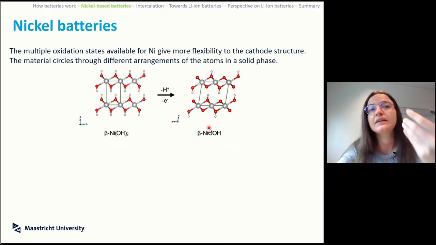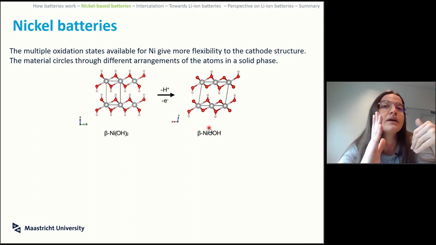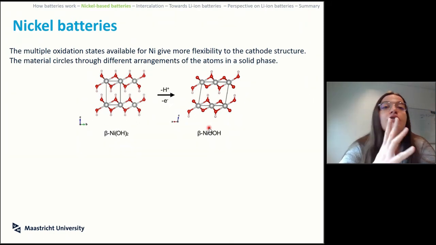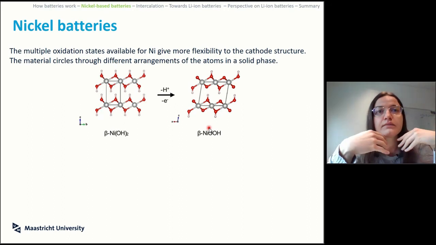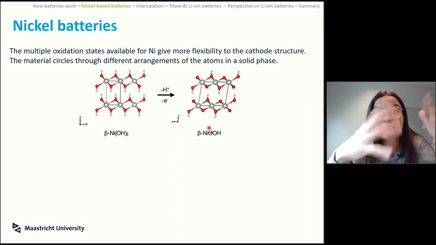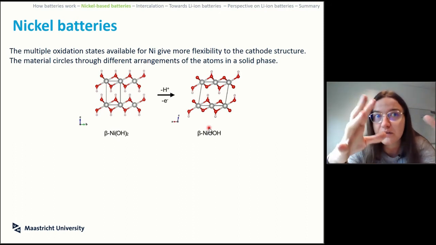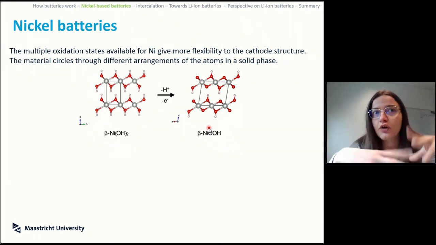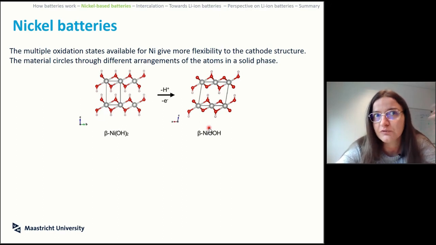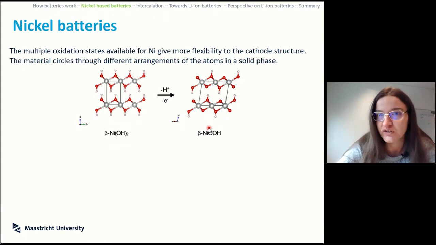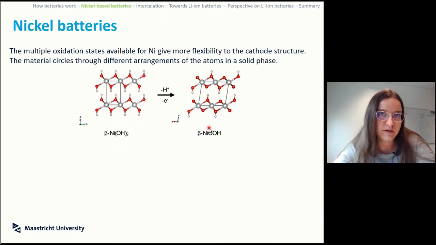Whereas in the lead acid battery, you have this reaction going on and you take the material into the electrolyte and you get it back from the electrolyte, back and forth, and you make and dissolve this lead sulfate, which we saw can cause some problems and some limitations to the recharging cycle. The flexibility of the structure of nickel oxide hydroxide and the fact that nickel can have multiple oxidation states mean that the whole reaction happens within the solid state.